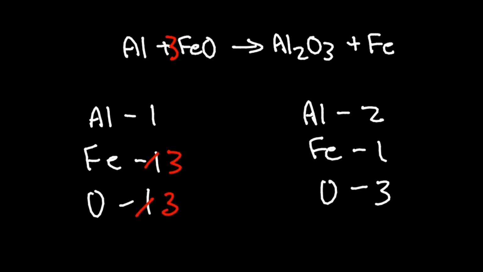So now the irons on both sides are unbalanced, so we will have to add this 3 here, changing the iron atoms on this side to 3, so they're balanced now. And finally we can put a 2 in front of this aluminium, so now both sides are balanced.